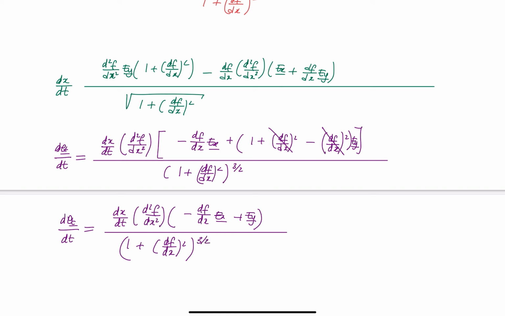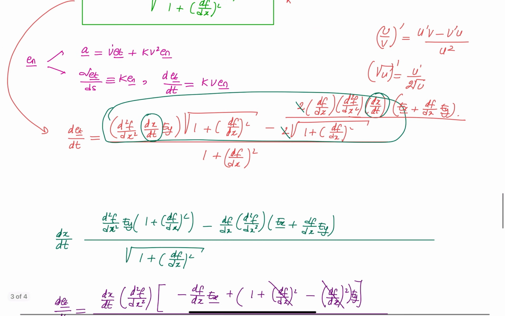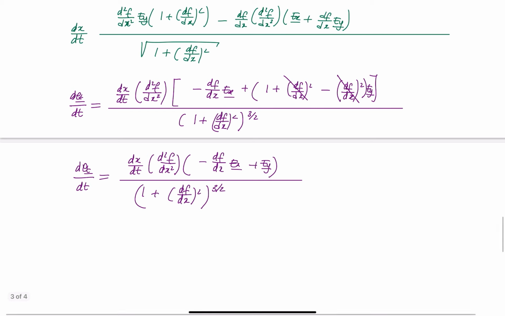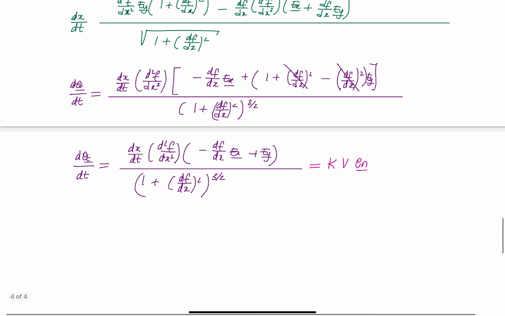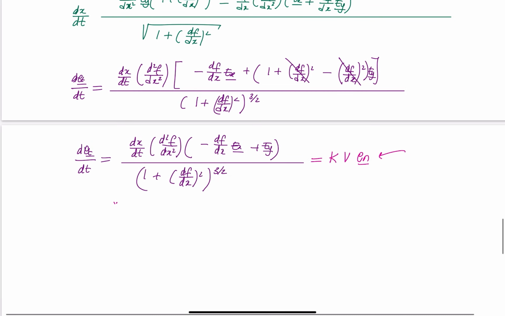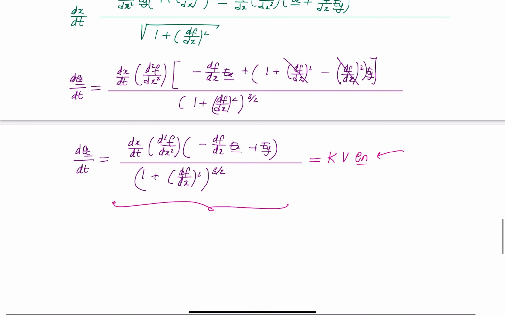Okay, let's remember our initial goal here. Our initial goal was to calculate en, and we have that dt by dt is kappa, that's equal to kappa v en. So all I know right now is that I can calculate En by considering a unit vector in this direction, basically. A unit vector along this is gonna give me En.